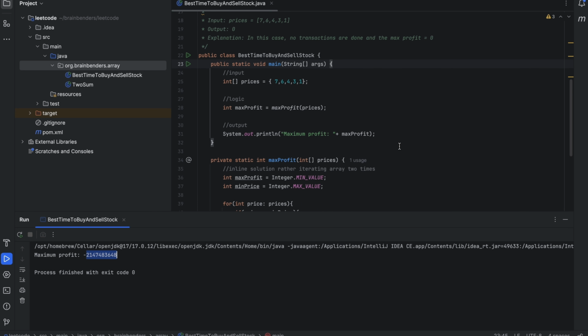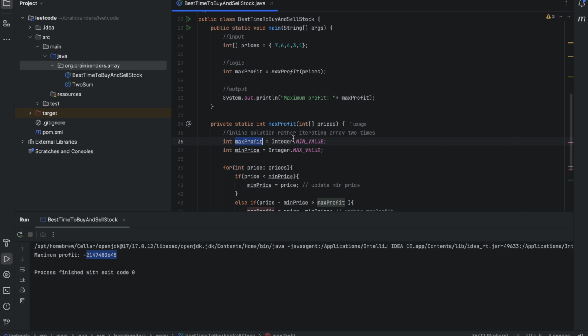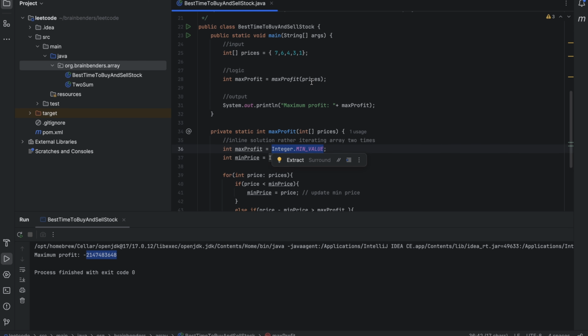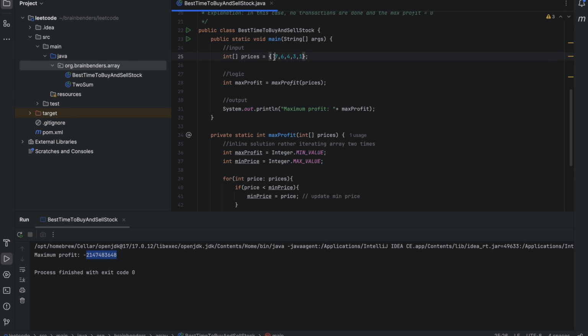And why is that? Because you see here, the max profit I considered is the min value, right? Let's say there is no element in the array, which is this case, because the array is sorted in descending order. There will be no case where you purchased a stock at a very high rate and there is a day when you get a good price.